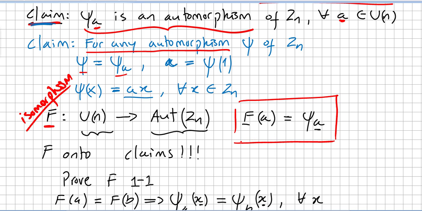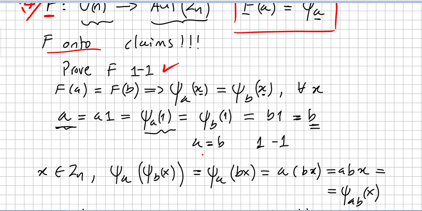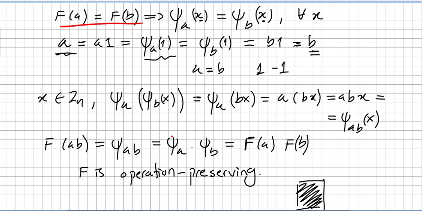By the claims, it was proved that f was onto. It was really easy to check that f is injective, and it was not very hard to prove that f is operation preserving. So we proved that f of ab equals f of a times f of b.